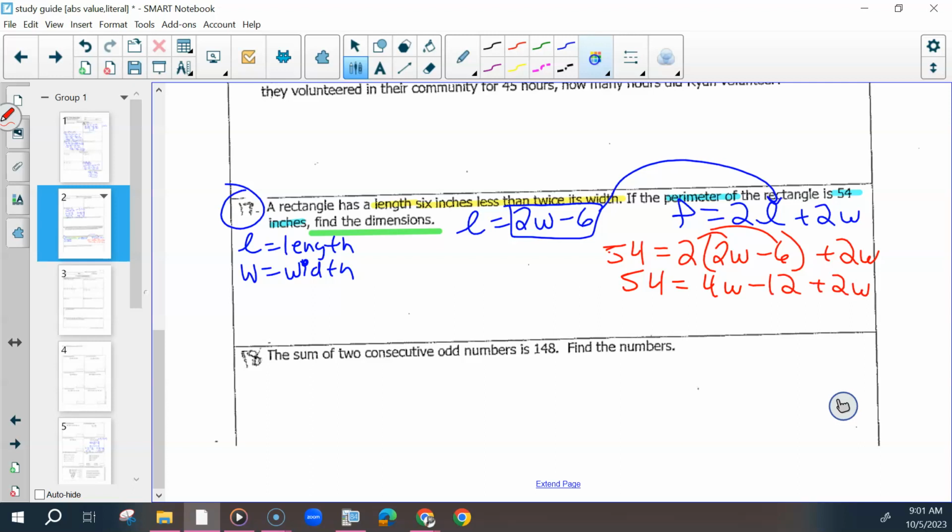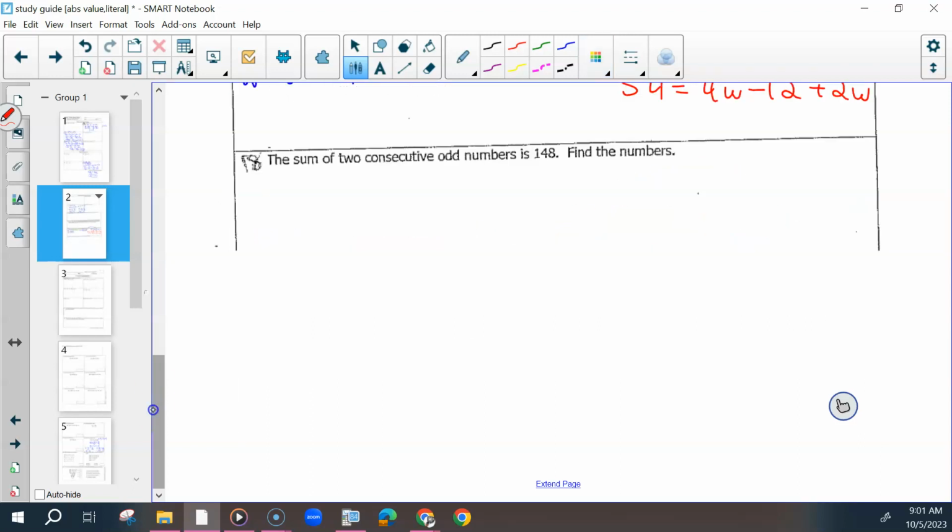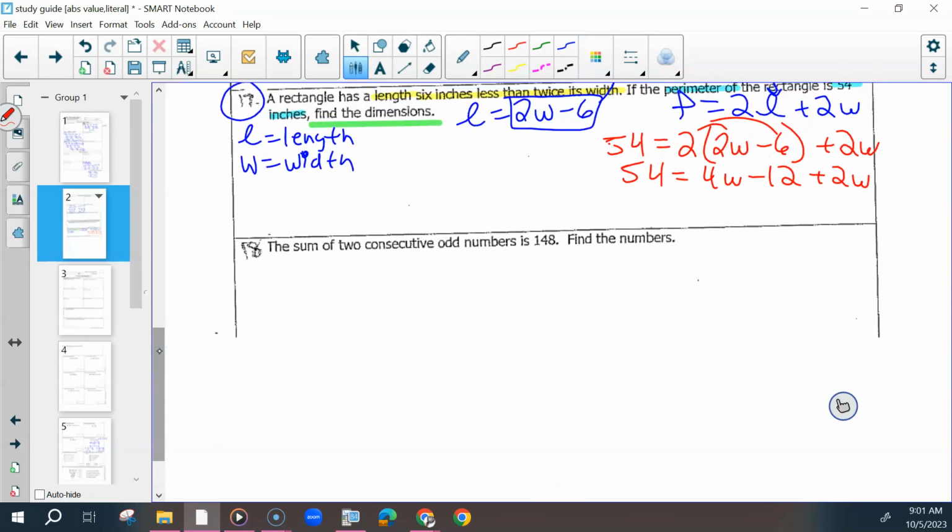We have 4W minus 12 plus 2W, combine like terms. Get rid of 12 by adding it to the other side, and divide both sides by 6. So our width would be 11 inches.